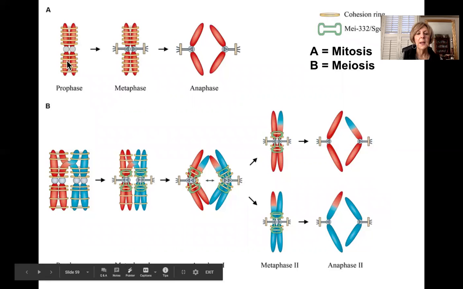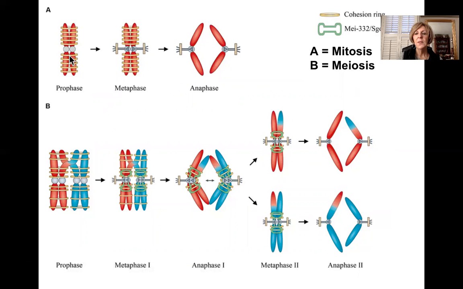All right. So look, in mitosis, these cohesins are going to hold the sister chromatids together until anaphase, and then they disintegrate, and the centromere pulls apart, and now I have 1, 2 chromosomes. Look at what's happening to the cohesins in meiosis. So here is meiosis 1, right? Look, they're holding them together, right? Still holding them together.